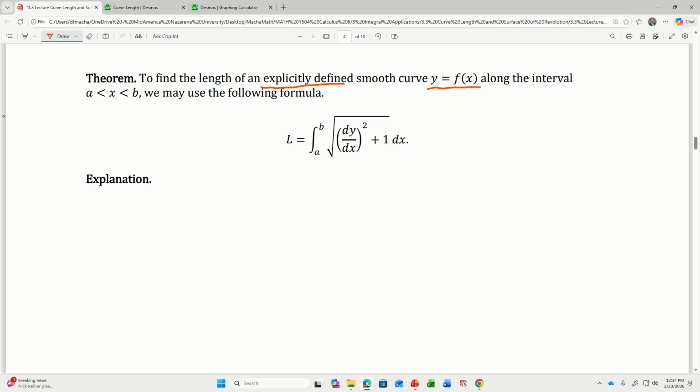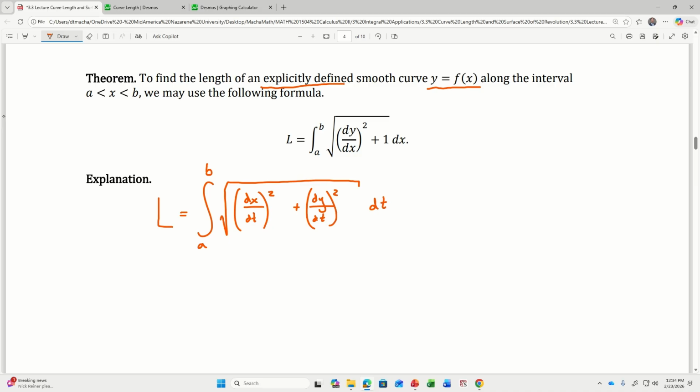The quickest and easiest explanation here is that I could start by writing down the formula we derived for a parametric curve. And that was true for every parametric curve.